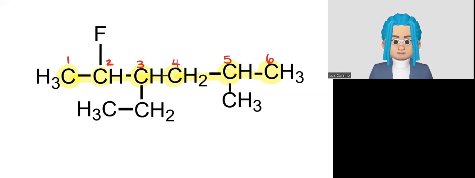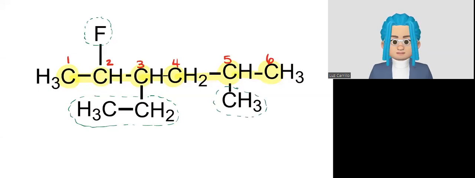In this molecule, I have 3 different substituents. I have one on carbon 2. I have another substituent on carbon 3. I have another substituent on carbon 5.